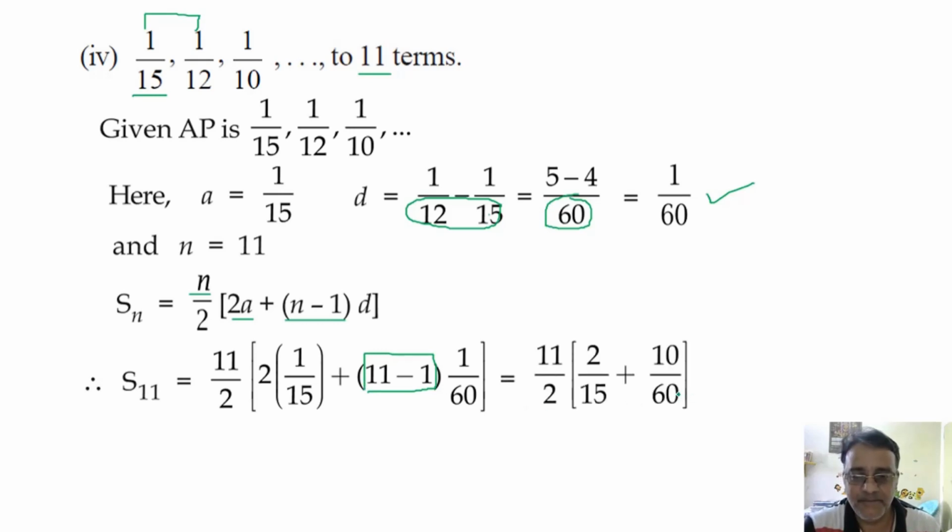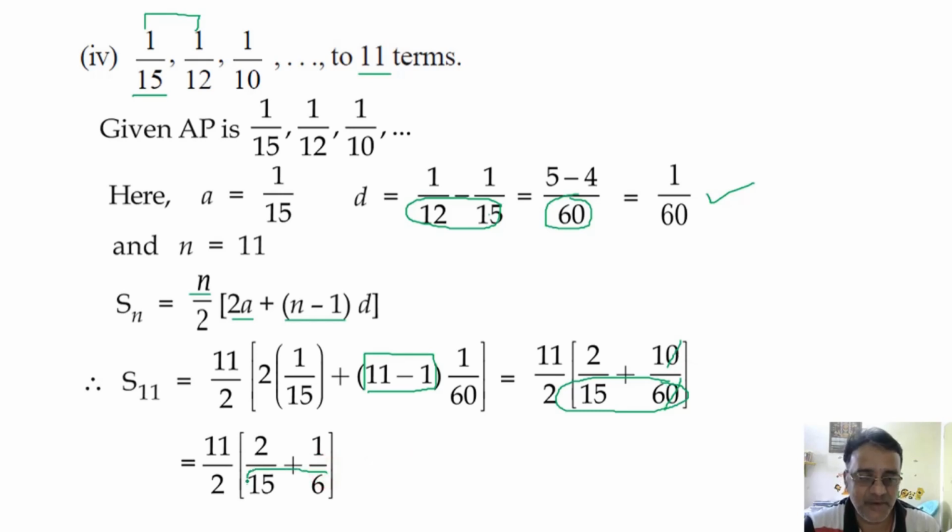You can simplify also, otherwise you can take the LCM. It is up to you. If you take the LCM, you will get 60, and here 8 will come, 8 plus 10. If you cancel, it will become 1 by 6.